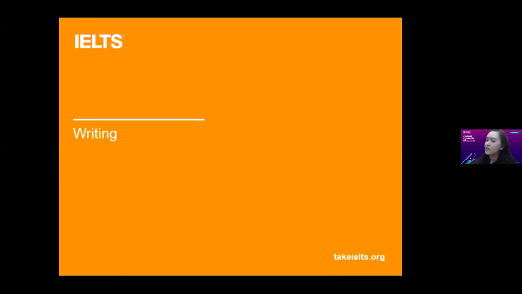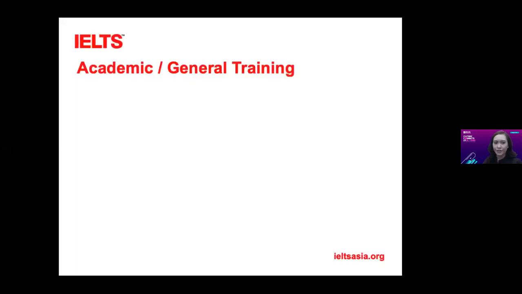As I mentioned earlier, between the academic module and the general training one, the difference in the modules is in the reading section and the writing section. Let's have a look at this section briefly. Both modules have two parts.